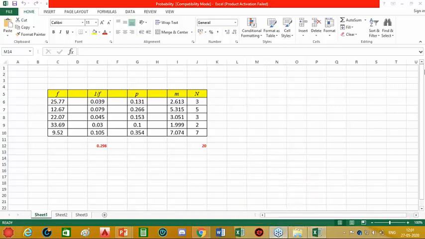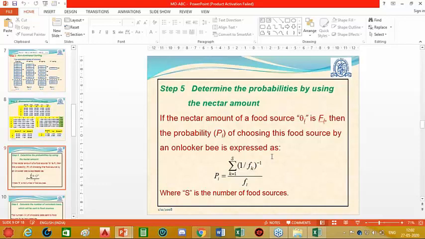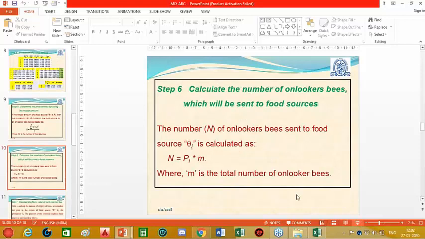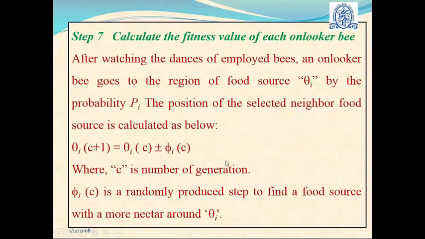Now once you do that, we have already discussed how to find out the number of onlooker bees sent to that particular food source, or they will follow the particular employed bee. Then what we have to do now is update the solution.